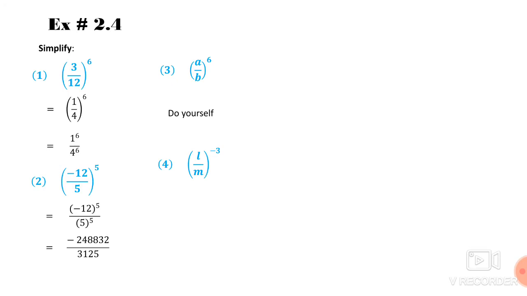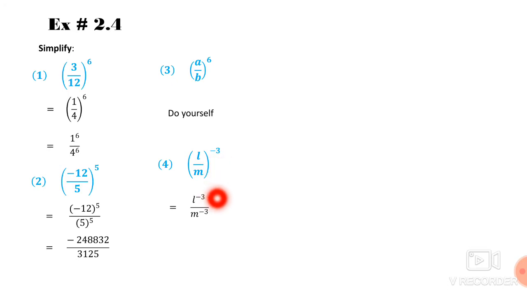Part 4. Okay, here you can see that we have negative exponent here. So it's better to convert it into a positive exponent by reciprocating it. L upon m will become m upon L and the exponent will become 3. Okay, this is the first option. Second option is we apply the exponent first.